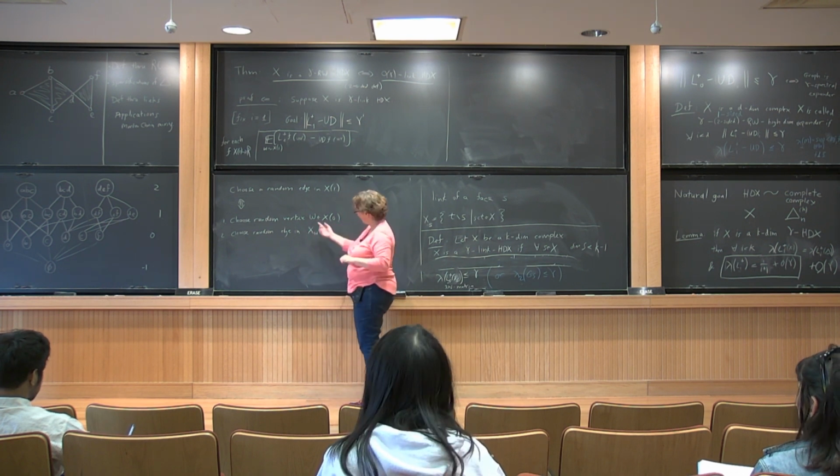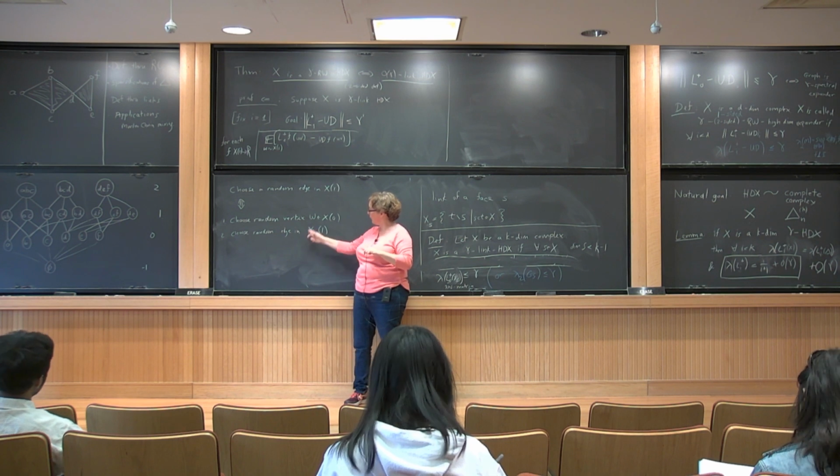So it means the link of this vertex is a graph, and I choose a random edge in this graph.